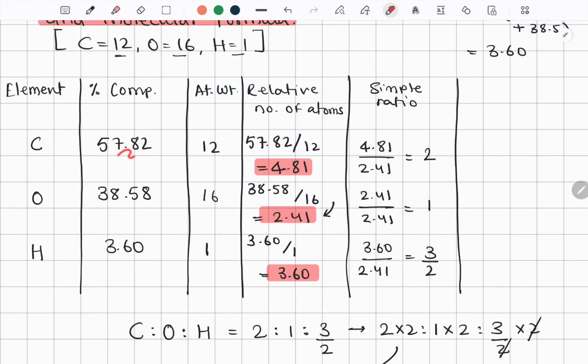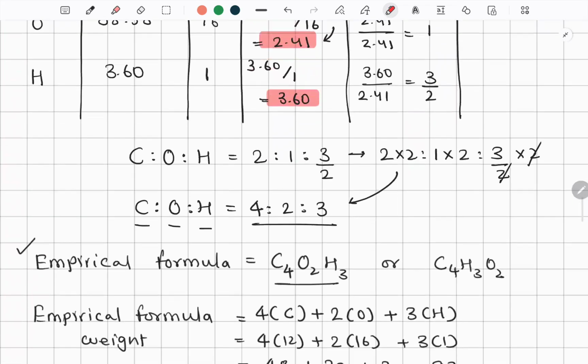Divide the percentage composition by atomic weight to get the relative ratio. Then select the smallest ratio among all and divide all the other relative ratios by that smallest ratio to get the simple ratio.